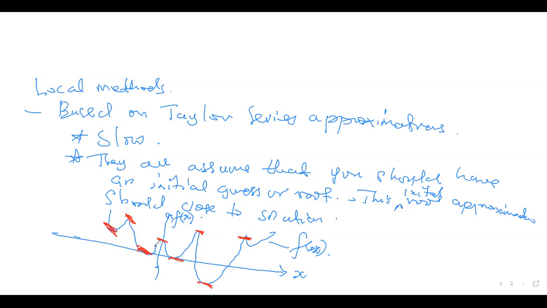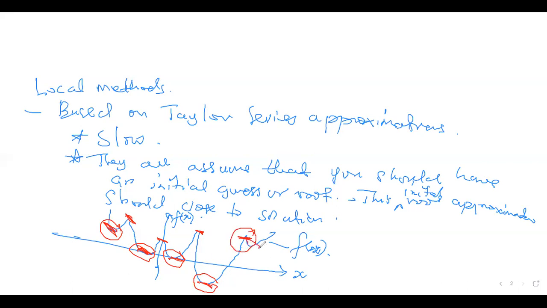So if you have a problem to find the minimizer of such a function, then this method ceases to matter. Reason being, we have so many local minima and local maxima. What I mean by local minima is that you can see this is a minimum, this is a minimum, this is a minimum, and this is a minima, and this is a minima.